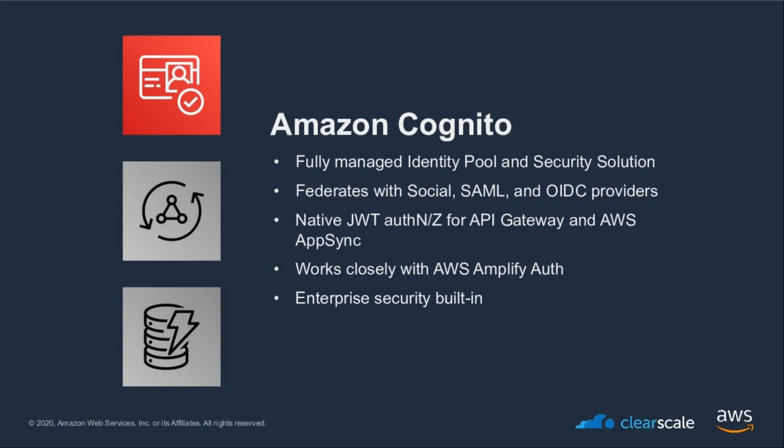You can use Cognito standalone as an IDP, or you can federate it with social providers, SAML, OIDC, and it generates its own OIDC-compliant JWT tokens. Those tokens can be used natively with API Gateway, which is our REST API solution, and AWS AppSync, which is our GraphQL solution. It works closely with the AWS Amplify libraries, and of course, enterprise security is built in.